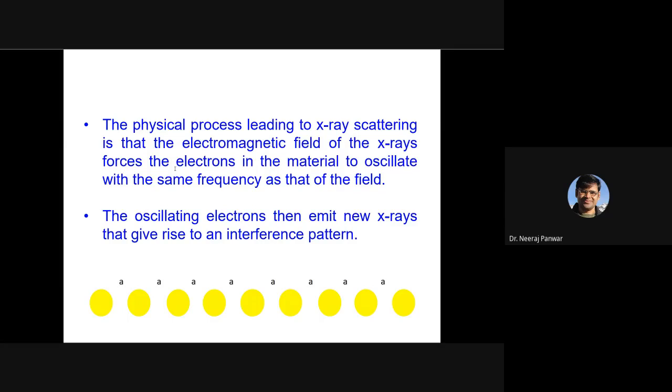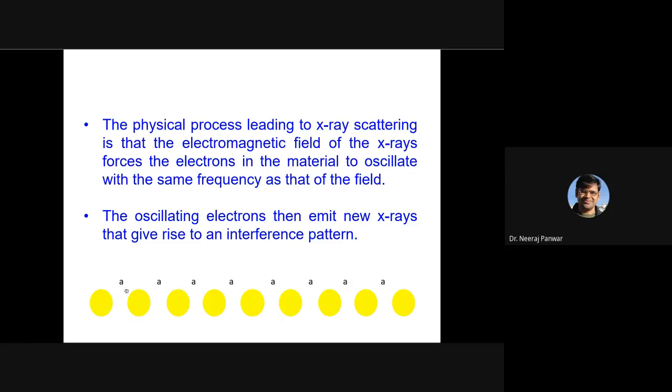We are saying that in a crystal, atoms are arranged in a periodic fashion. For example, you see this is a one-dimensional model. It is just a model. The yellow circles represent the atoms, and after a certain distance you see the yellow circles again, and that is the periodicity of this one-dimensional crystal.